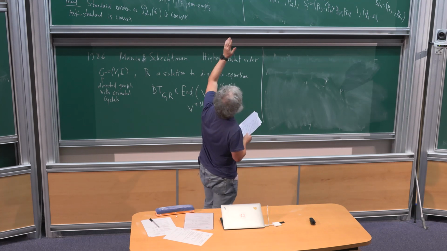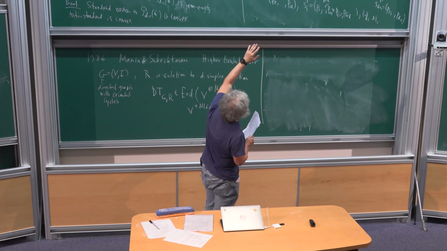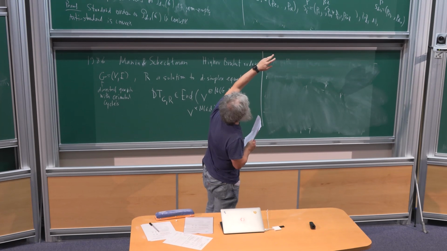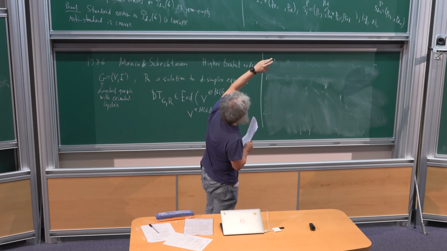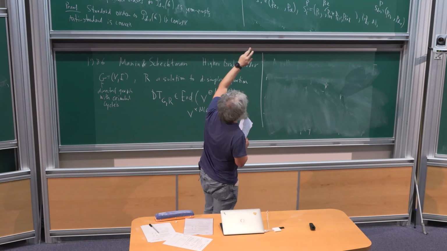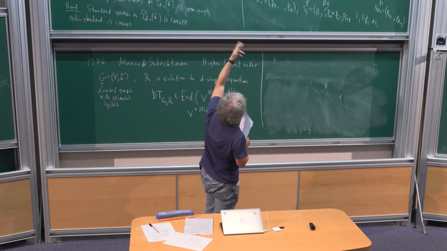The rising flip diminishes the number of standard Cartèges by 1, and lowering increases it.